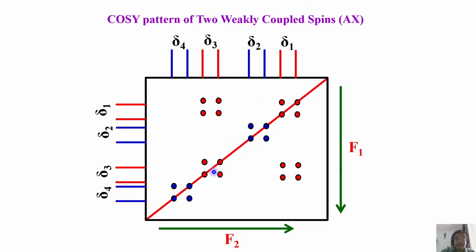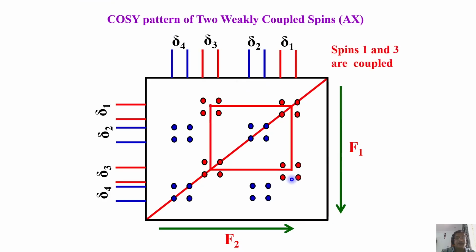As a consequence, they give cross peaks between them. Clear? So if delta 1 and delta 3 are coupled, this is the cross peak pattern you should get in COSY. And if delta 2 and delta 4 are coupled, again, you get the cross peaks like this, between 2 and 4.